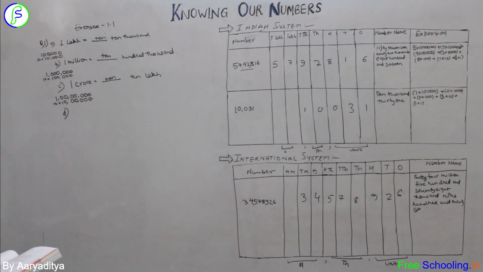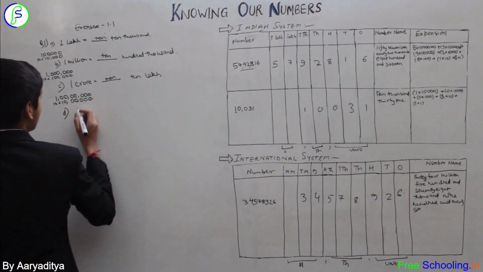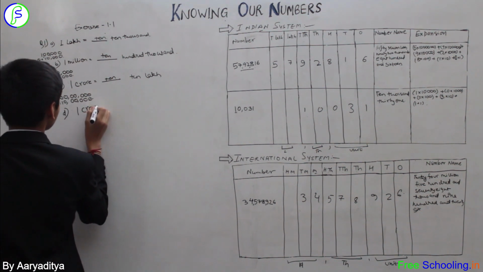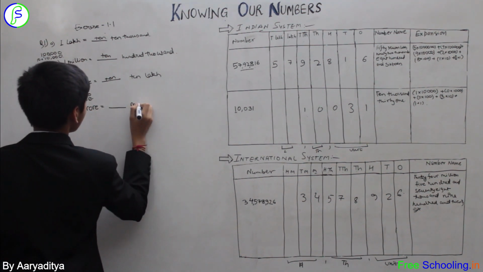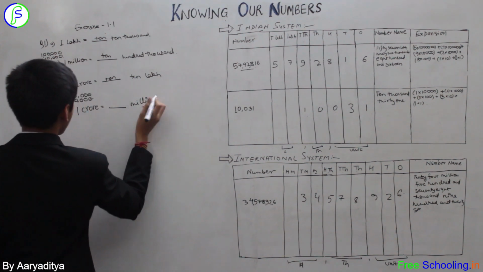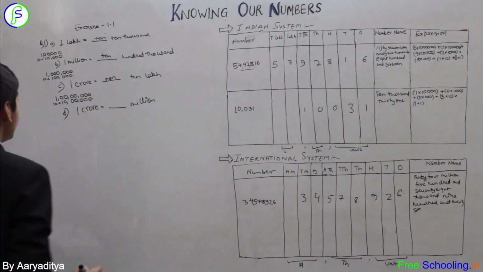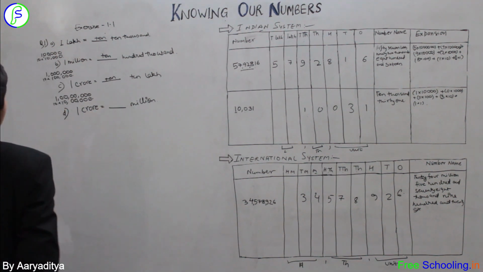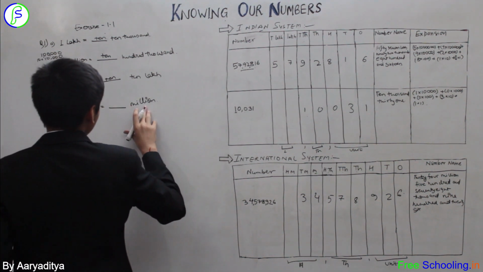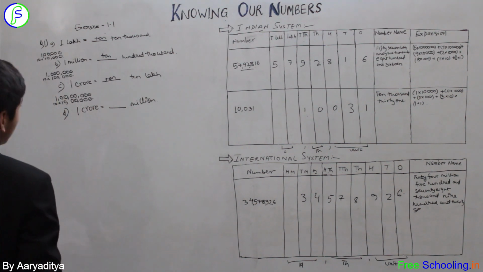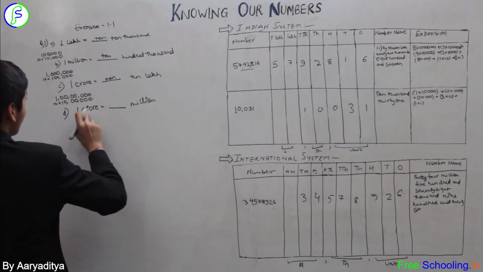D part, 1 crore equal to dash million. So now, here what do we get to see? We get to see that there is a part of an Indian system and a part of an international system, as million is an international system and crore is an Indian system.